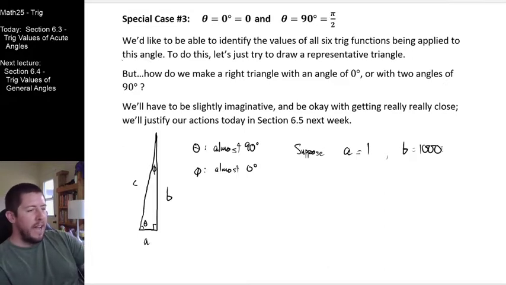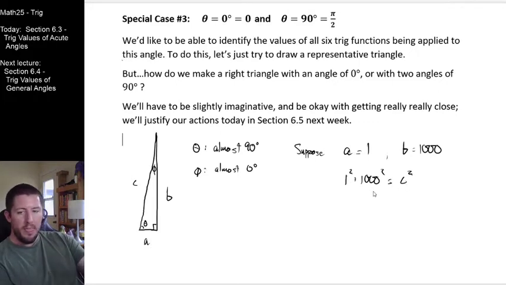So what's going to happen here is I'm going to get that a squared, 1 squared, plus 1,000 squared equals c squared. And what you can see is that c is going to be super close to also being 1,000, right? Because it's only literally one more and then retaking the square root again. So you're going to get something like 1,000.001 or something like that. It's going to be really, really close to 1,000 right here.